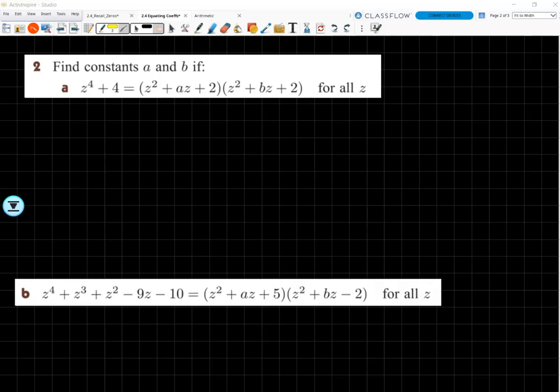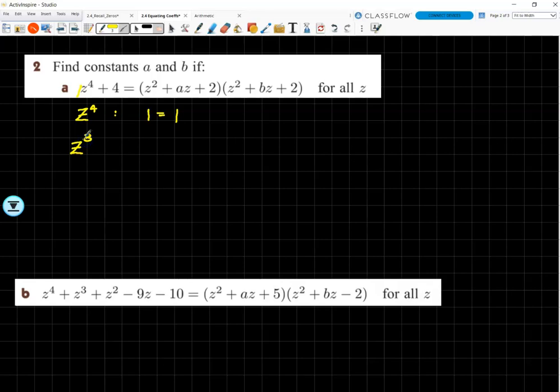Okay, so my way is, normally I would write z to the 4, but here we've got 1, and of course we've got 1, so that really doesn't give me anything. The more I do, the less I actually write that down. So now we're going to look at the coefficient of z cubed.